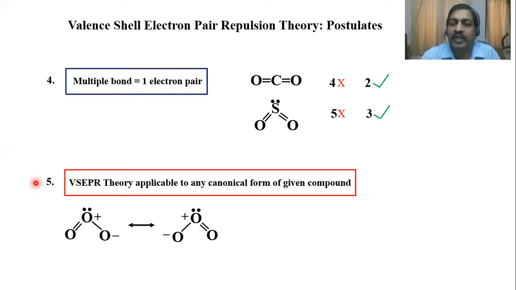VSEPR theory is applicable to any canonical form or any resonance structure of the compound. For example, ozone exhibits resonance. It can be represented by two structures. These two structures are the resonance structures or canonical forms of ozone, and VSEPR theory is applicable to any of these structures. So these are the five postulates of VSEPR theory.